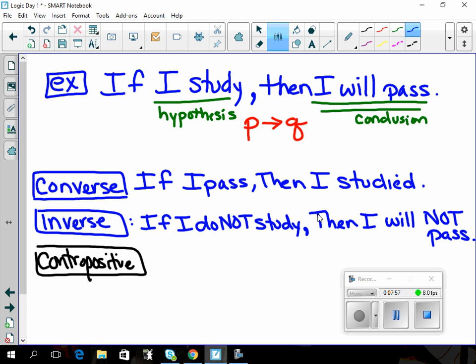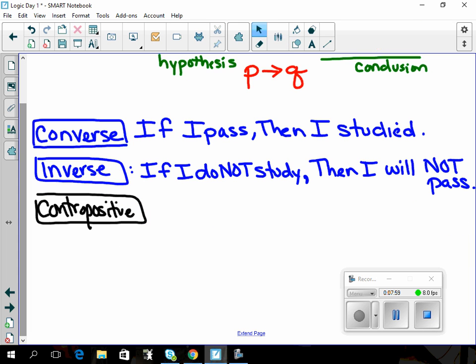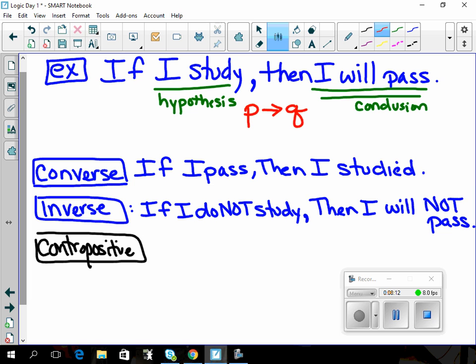All right, last one, contrapositive. It's the longest word, which means I'm doing everything to it. I'm switching the order, and I'm negating. So what would the sentence read? If I do not pass, then I did not study.